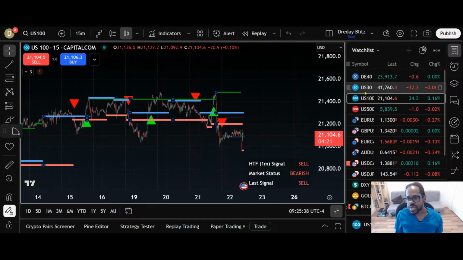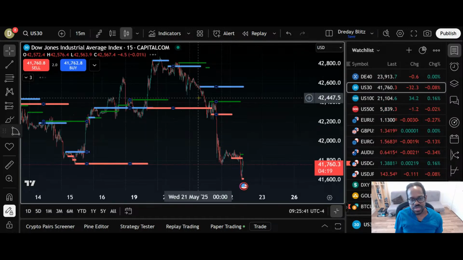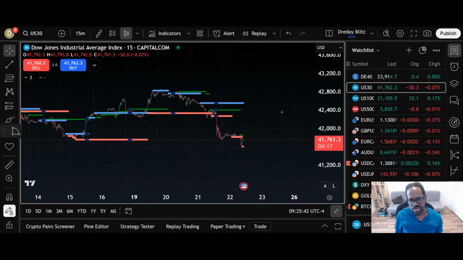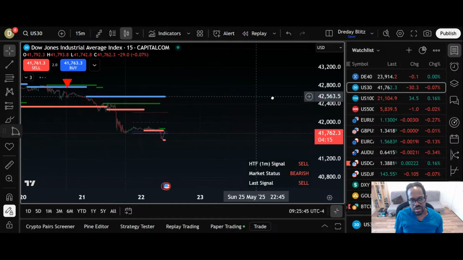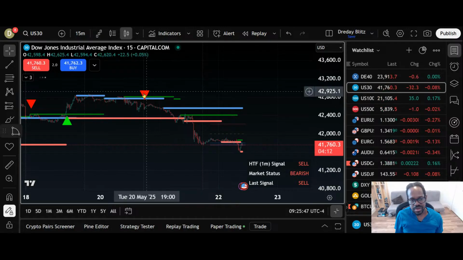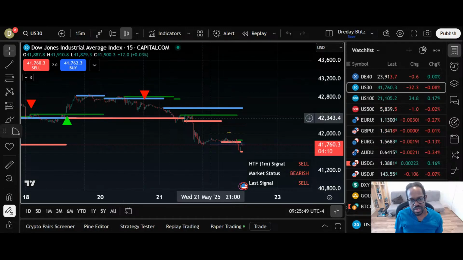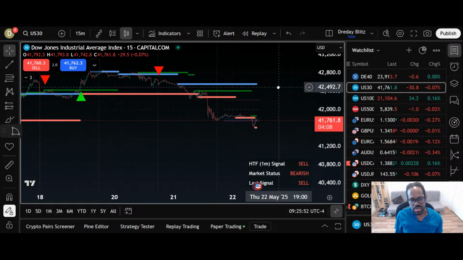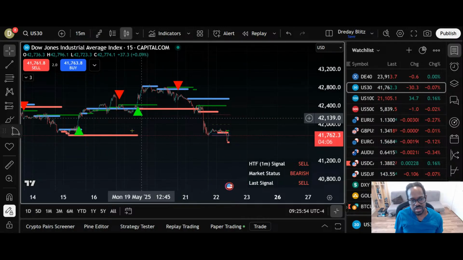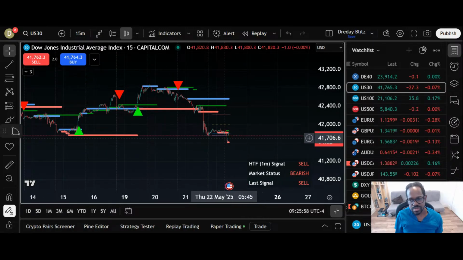But the two that were flying were US 30 and SPX 500. So we had the sell here at Asian and it started to melt and went to that previous support here.